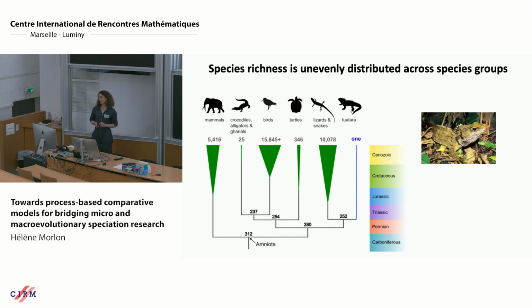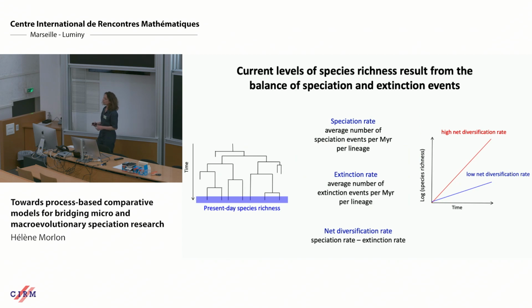So if we want to understand present-day levels of species richness, what controls the number of species in the present is really the accumulation of speciation and extinction events unfolding through geological timescales. So if we think about two species groups which arose at the same period in time, what's going to determine how many species they have today is the difference in their net diversification rate, so the balance between speciation events and extinction events.